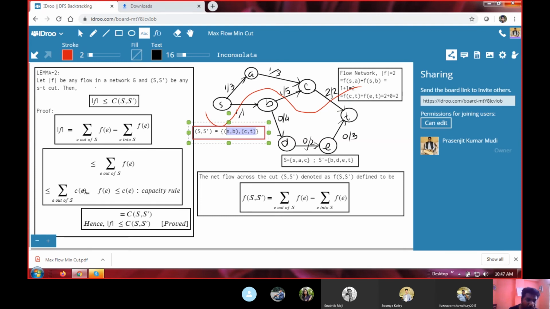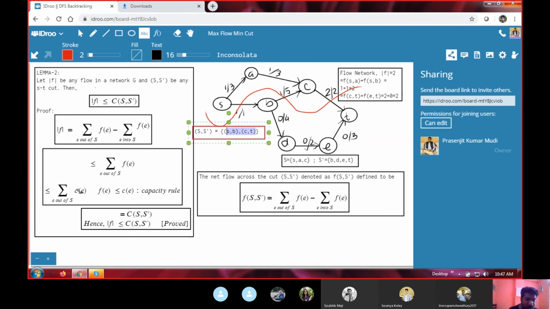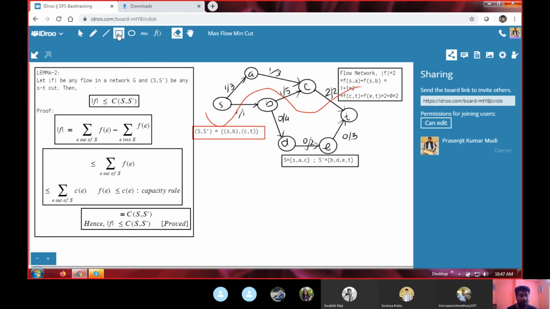So if you sum up the capacities of all those edges in the cut, the sum will give you the cut capacity. That is the definition of cut capacity. That's why this summation is equal to capital C of S comma S prime. So hence mod F is less than or equal to capital C of S comma S prime. And I just want to conclude with the third lemma. Okay.